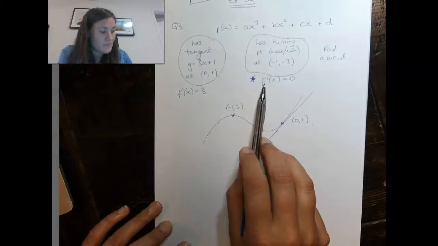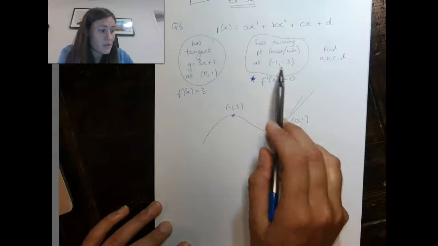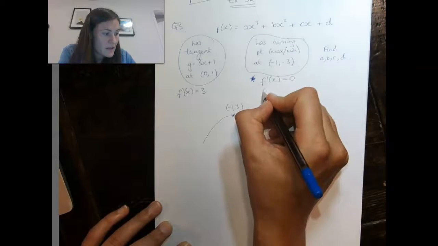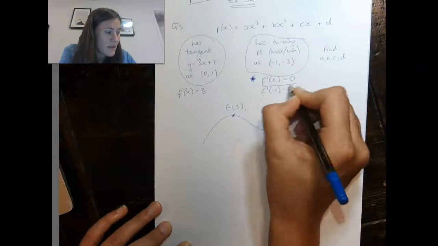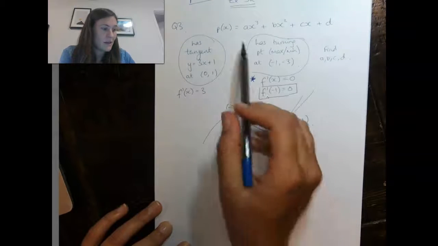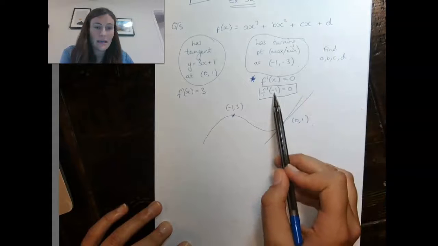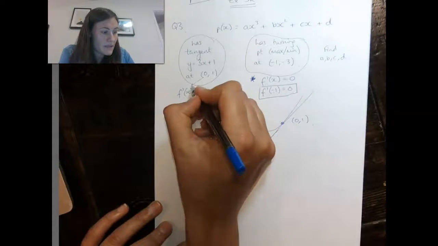I know that my turning point is when f dashed of x equals 0. Well, here's the x. So this tells me that f dashed of -1 is 0, and this is a very useful fact. If I differentiate this, substitute in -1, I get 0. And here I also know the x point.